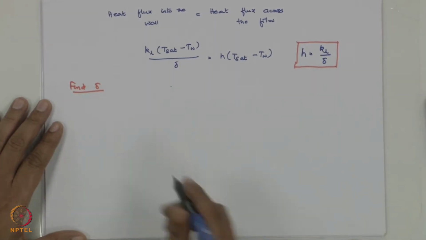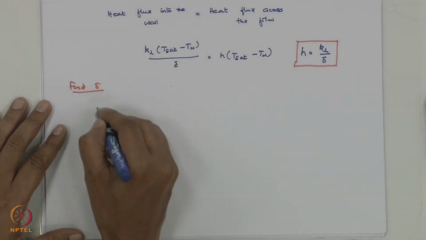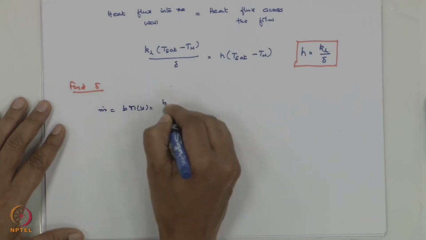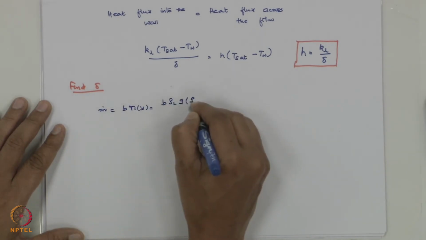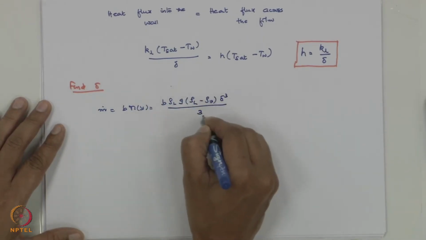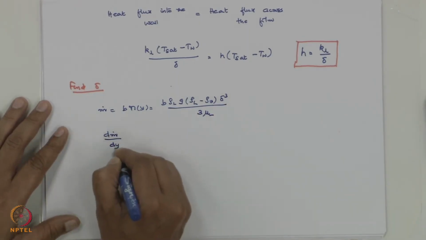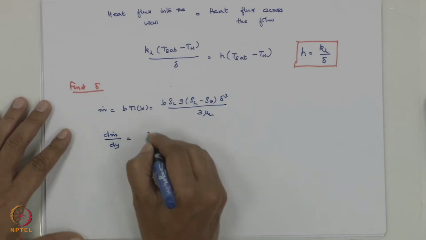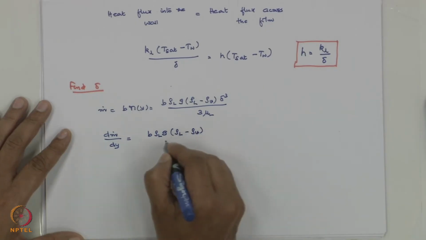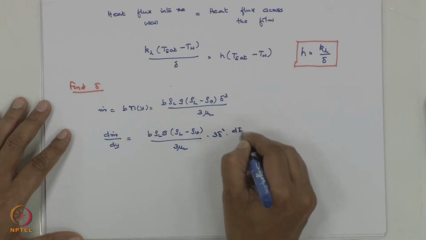To find the thickness, we have already found m dot as b gamma of y, that is, b rho L g into (rho L minus rho v) delta cube divided by 3 mu L. So now the rate of condensation, if I want, dm dot divided by dy is equal to b rho L g into (rho L minus rho v) upon 3 mu L into 3 delta squared into d delta by dy.